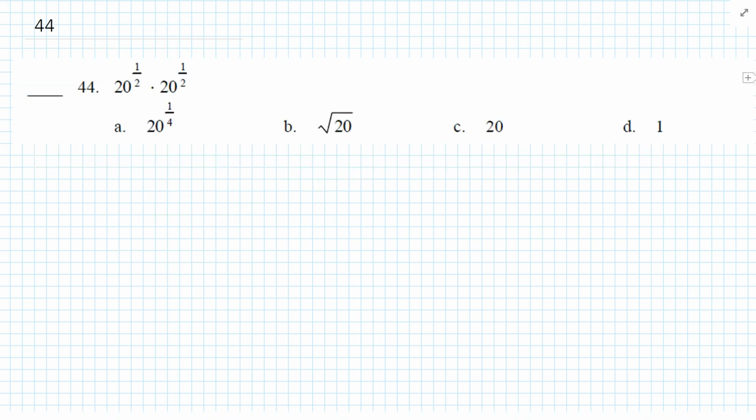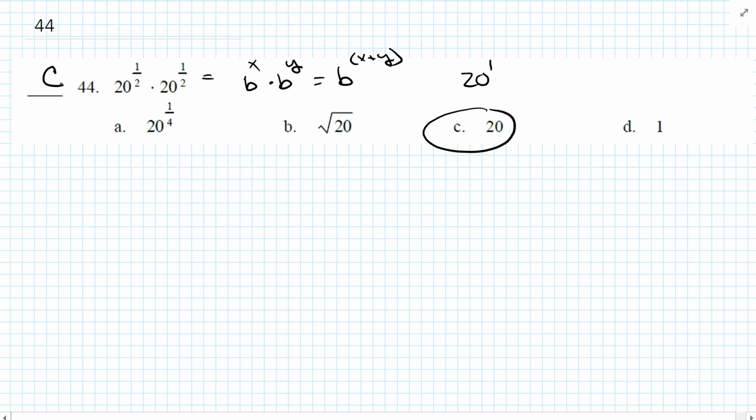44. 20 to the 1/2 power times 20 to the 1/2 power. Our rules say this. If the bases are the same, you can add the exponents. So that's just going to be 1/2 plus 1/2. So it's going to be 20 to the first power, which is just 20.